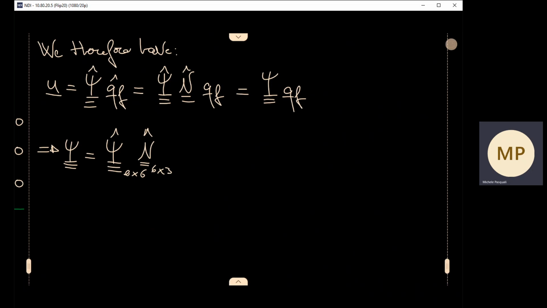So it means that this is a 2 times 3 matrix. And in fact, yes, it makes sense because this is a vector which is a 2 times 1 vector, and this is a 3 times 1 vector. Okay? And if you go and do some math, you're going to get it like this.